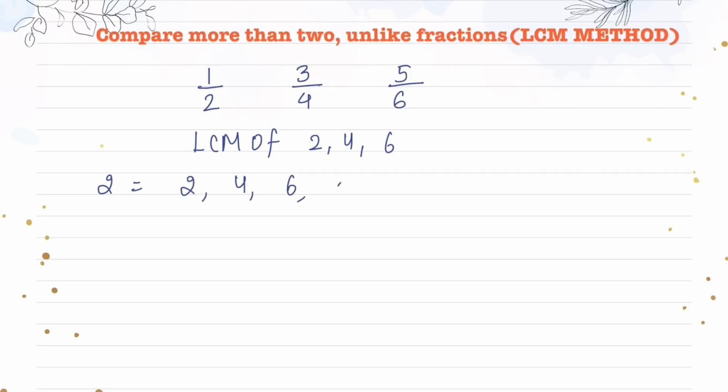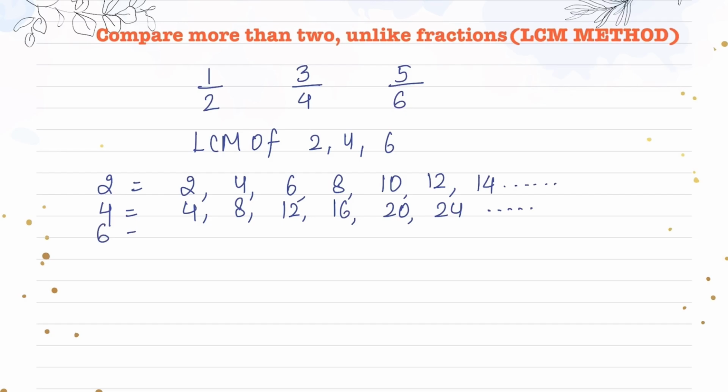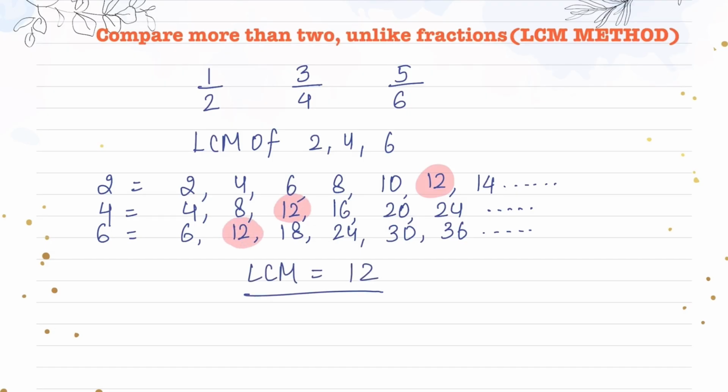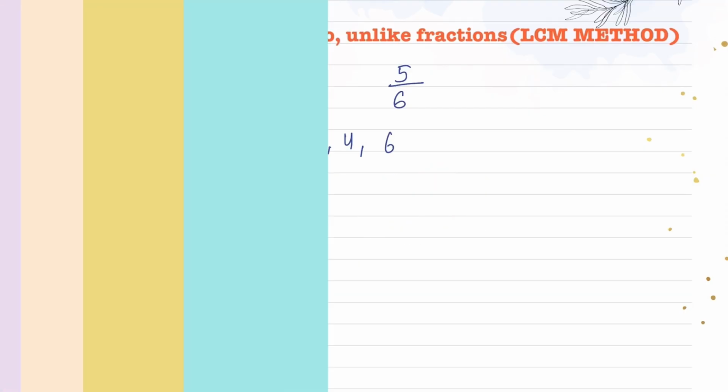Here we have the first few multiples of 2, multiples of 4 and multiples of 6. We will now find the lowest and the common multiple out of these lists. Let's see. It is 12. So the LCM is 12 for these three numbers.